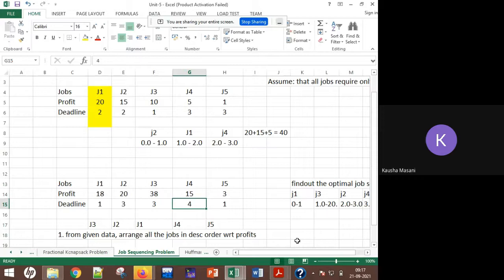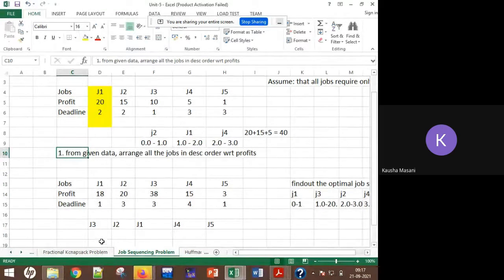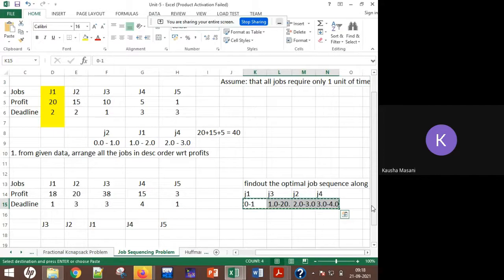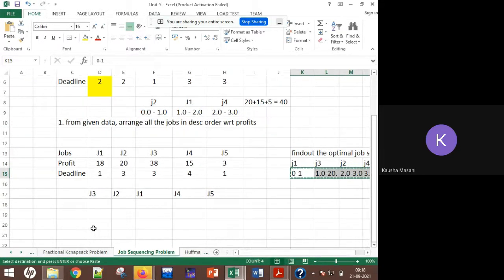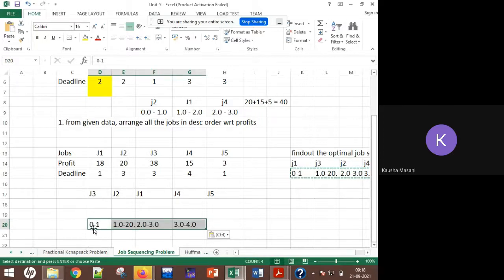Now, can you give me the optimal job sequence? J1, J3, J2, J4.